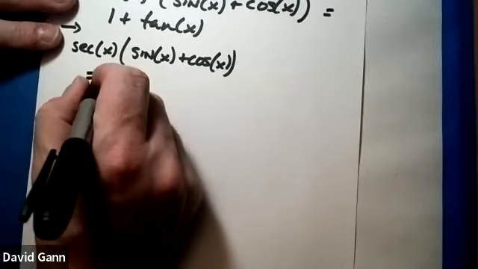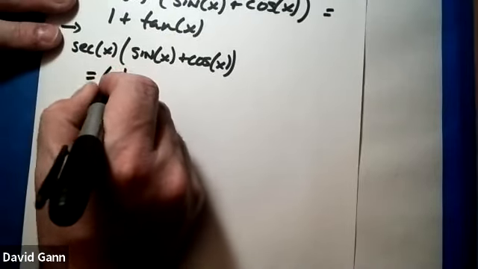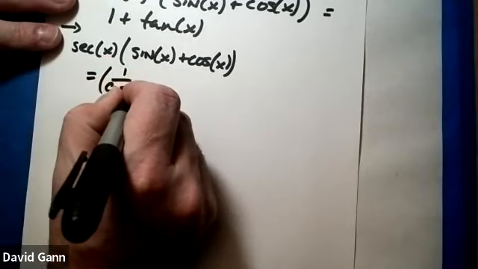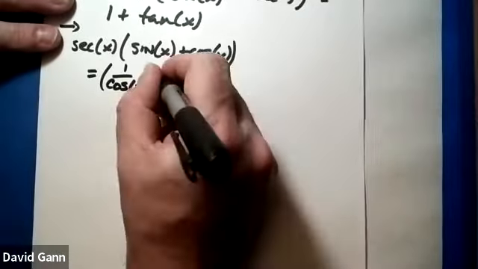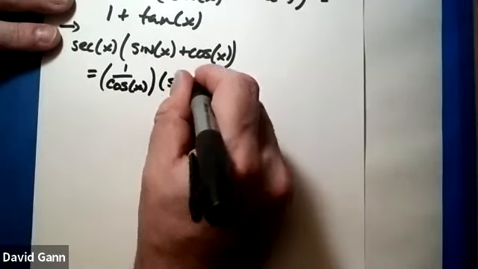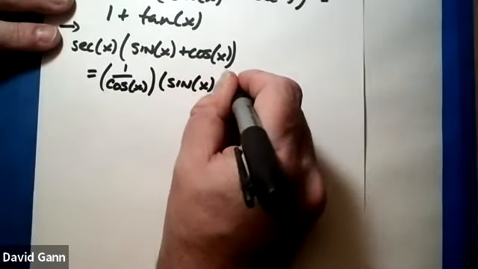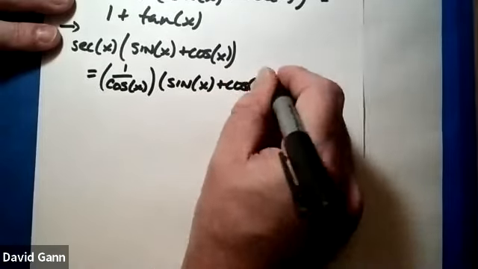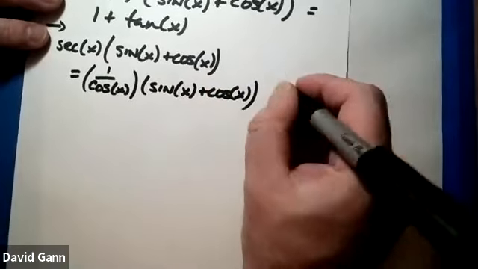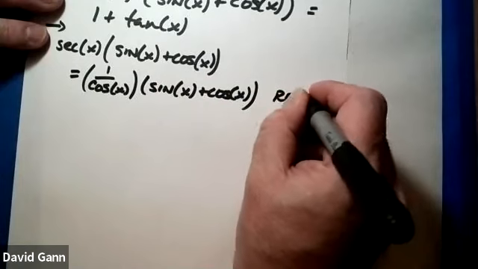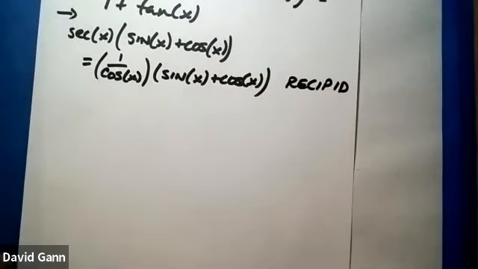So the first thing I'm going to do is make the substitution for secant. Secant is equal to the reciprocal of cosine, so I will write it like so. And my rationale for this is that it's a reciprocal identity, right?